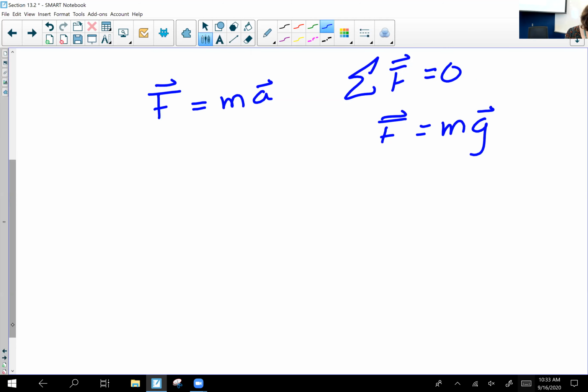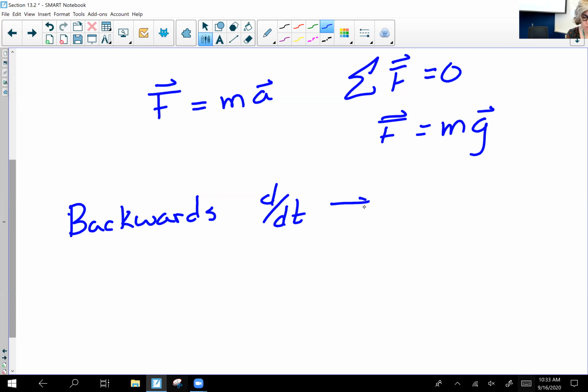All right. So now let's go ahead and talk about going backwards, so to speak. If we go backwards from derivatives, if I take a derivative and I want to go backwards, what do I do? I integrate.